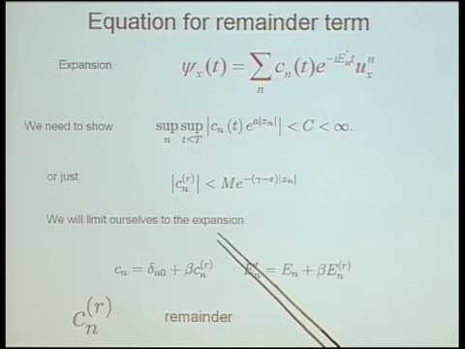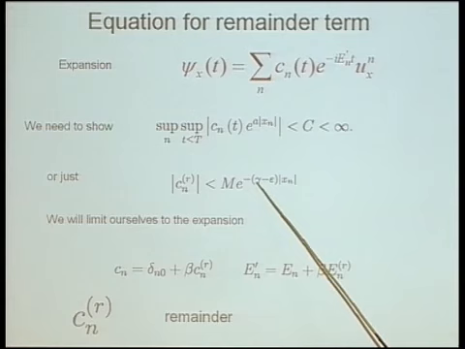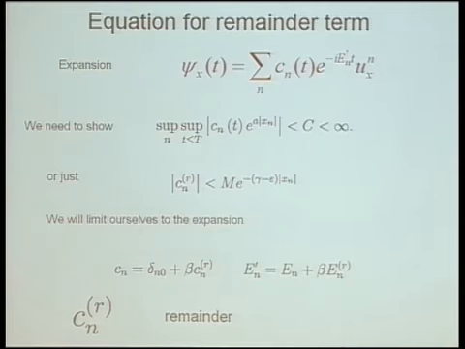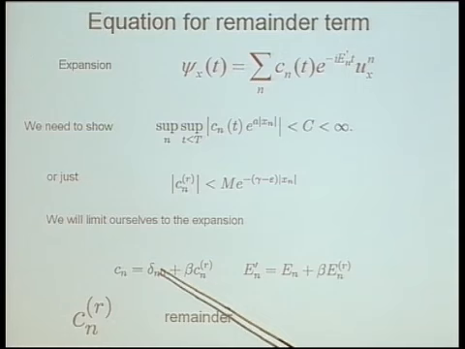For this we basically have to show that the following ansatz holds for the remainder, that is the correction to our initial state. So we will write the Cn, the expansion coefficients, in the following way: the delta at the origin plus a remainder. And we will now write an equation for the remainder.